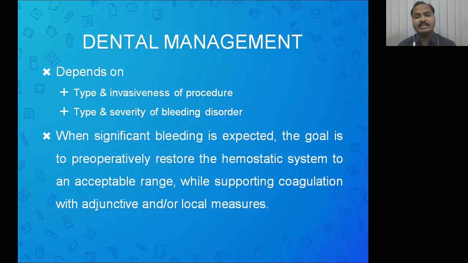Then when significant bleeding is expected, we have to make a call so that pre-operatively we restore the hemostatic system to an acceptable or desirable range by supporting the coagulation with adjuncts or local measures. We have to bring the coagulation factors to such a level that the coagulation process will not be hampered even after the procedure.